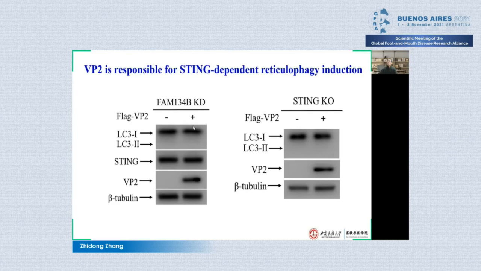From here, you can see that in these knockdown cells you didn't see autophagy occur, which is exactly the same as uninfected, transfected cells. Similarly, when you transfected STING knockout cells with VP2, you also didn't see autophagy occur, even though you see the bands of VP2. This indicates VP2 is responsible for STING-dependent reticulophagy induction.